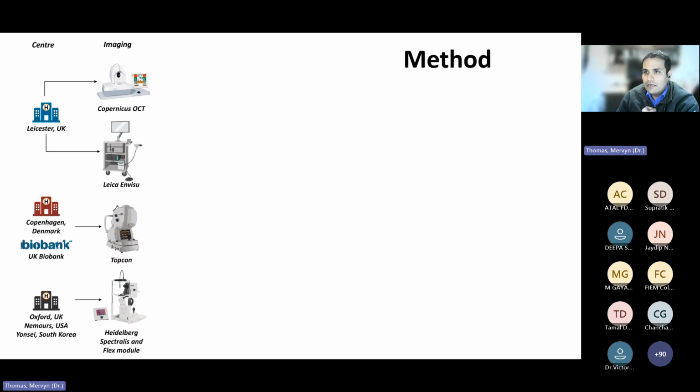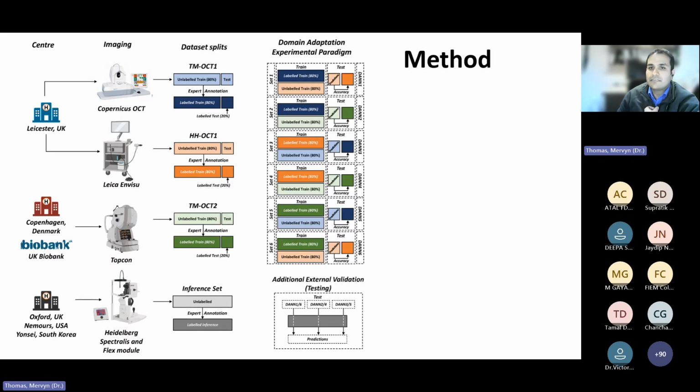In terms of experimental paradigm, we used domain adaptation where we had labeled data, for example, from this table-mounted OCT1, and unlabeled data from this handheld OCT1, and then we tested on the actual unlabeled handheld OCT dataset for accuracy.